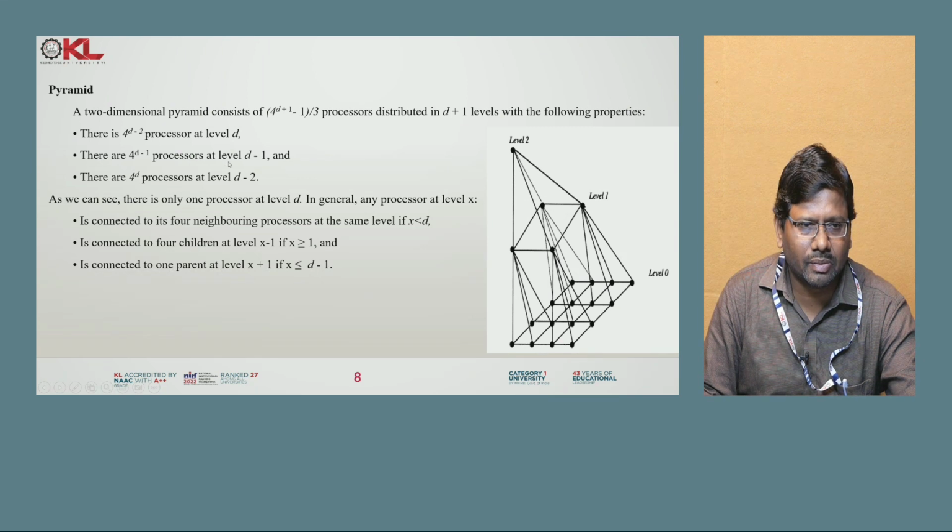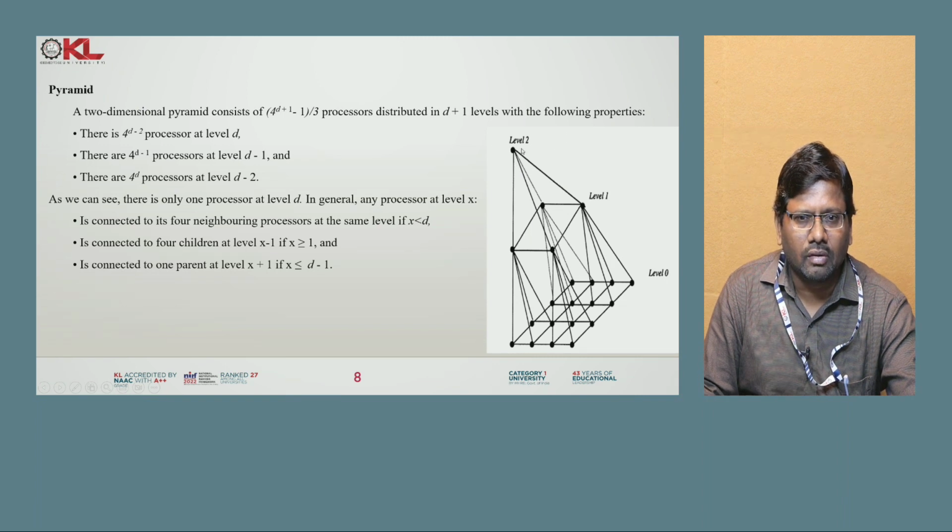That is what is mentioned there: there are 4^d processors at level d, 4^(d-1) processors at level d minus 1. Depending on the level, the number of processors is reduced. At the same time, when we connect these processors, the analogy looks like a pyramid. That's why we call such a representation a pyramid interconnection.